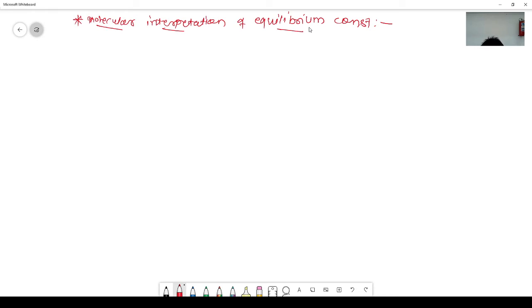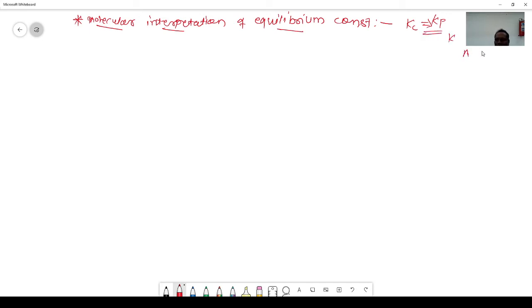We know that the equilibrium constant indicates the specific composition of the reaction mixture. When you write the equilibrium constant Kc or Kp or K, it indicates the specific composition of the mixture when the reaction has attained equilibrium, and it is a function of temperature only.